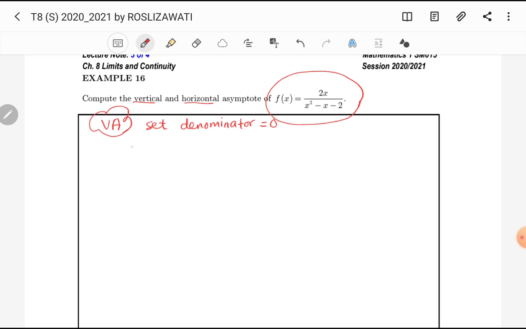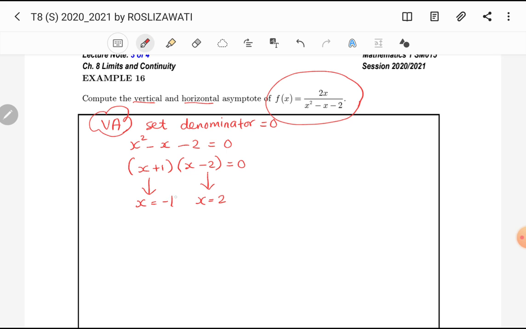Okay, so for this case, we have x squared minus x minus 2 equal to 0. So, we factorize x plus 1, x minus 2 equal to 0. So from here, we have x equal to negative 1, and from here, x equal to 2.